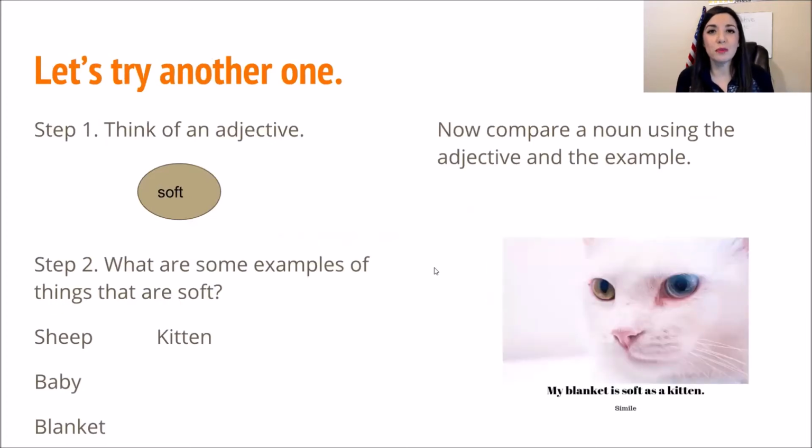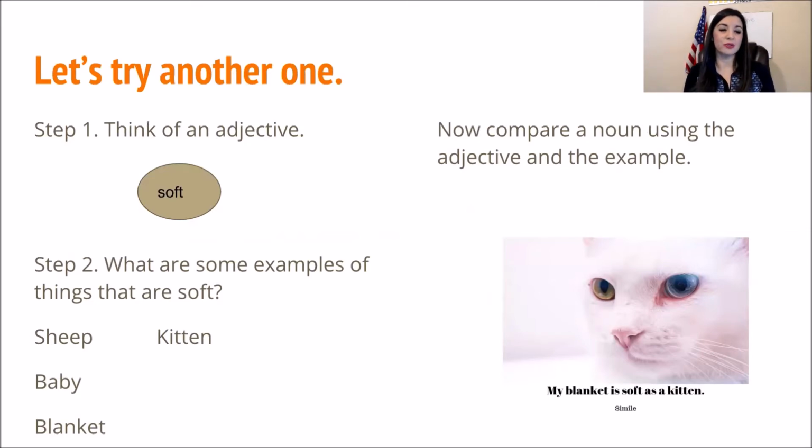Okay, let's try one more. Let's think of the opposite. Soft. What are some examples of things that are soft? Sheep, kitten, baby, blanket, pillow. Now let's compare a noun using the adjective and the example. So let's think of my blanket. My blanket is as soft as, and then I'll just pick one, a kitten.